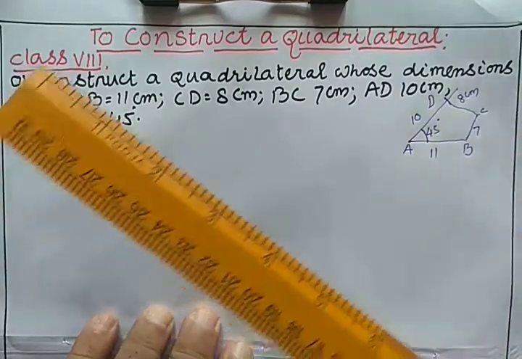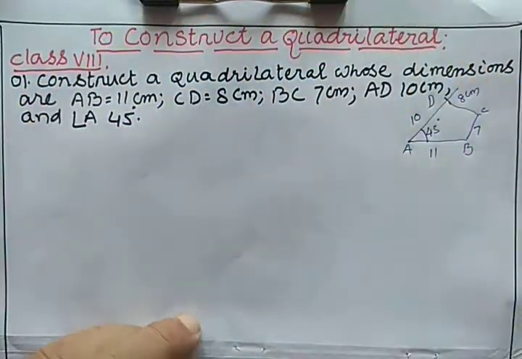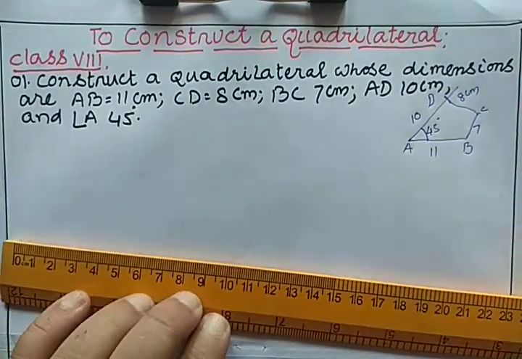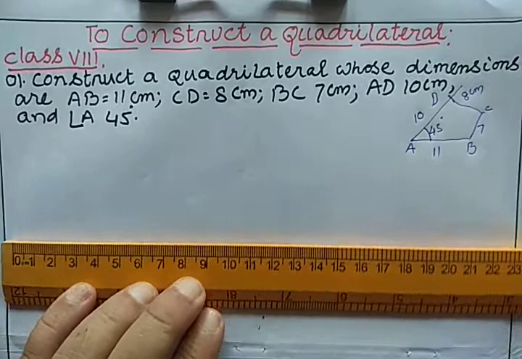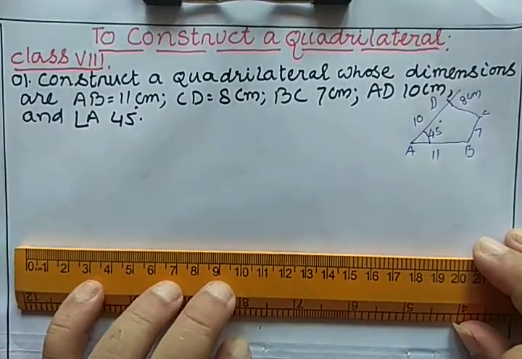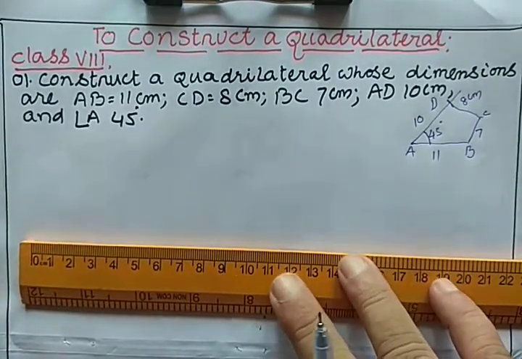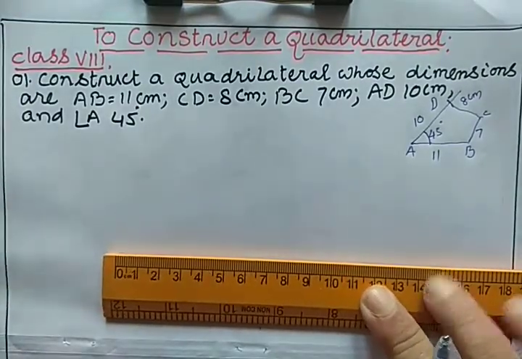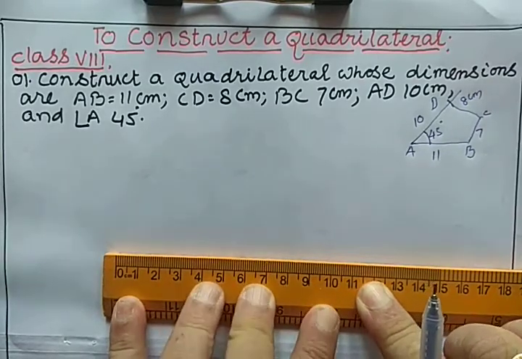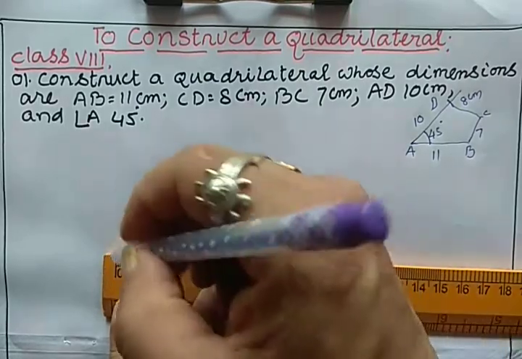So I take a scale, and with the help of a scale I make AB 11 centimeters. As far as possible, the diagram should be in the middle of the page.